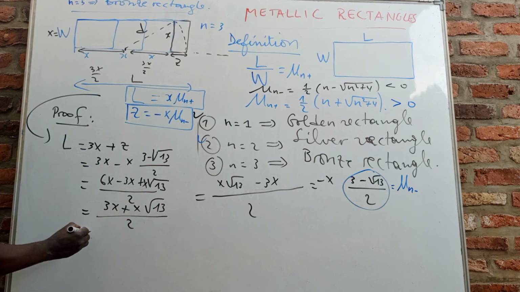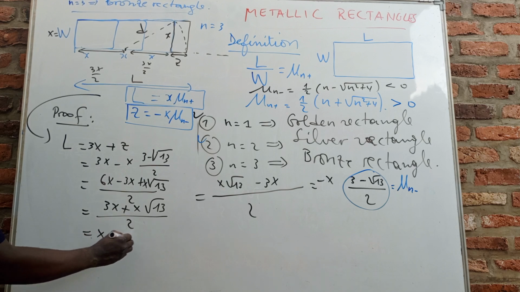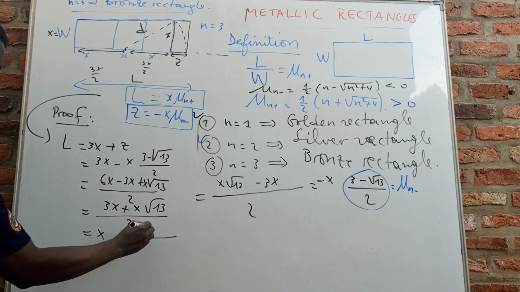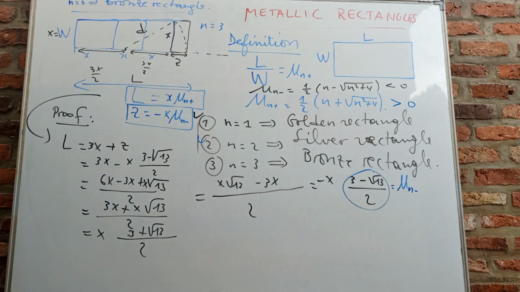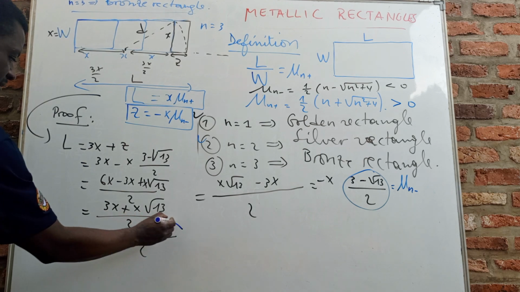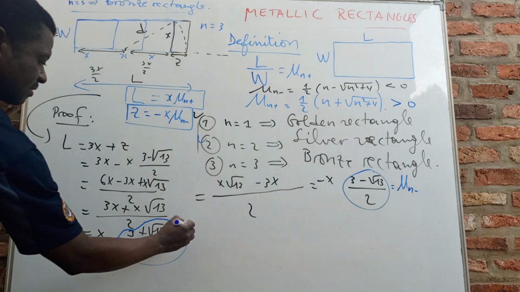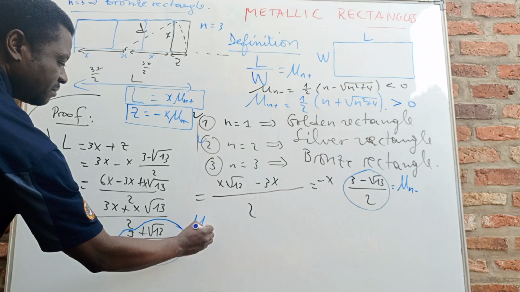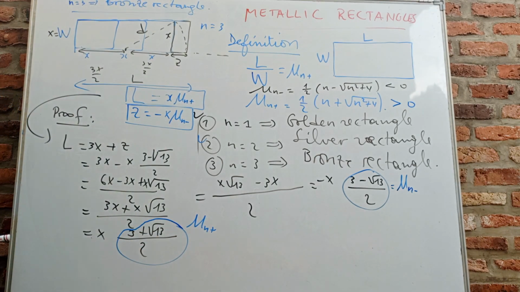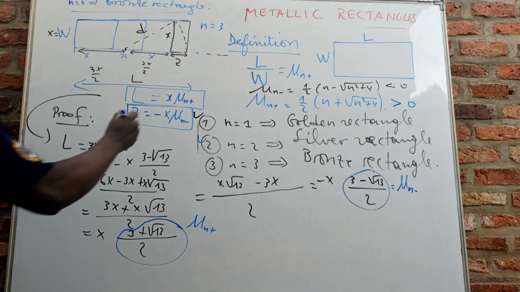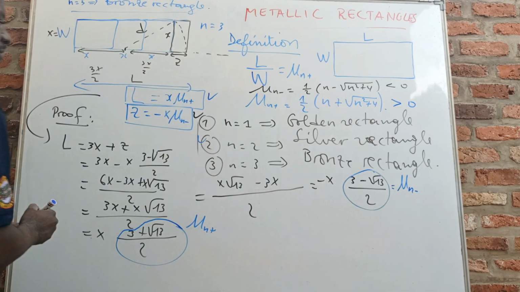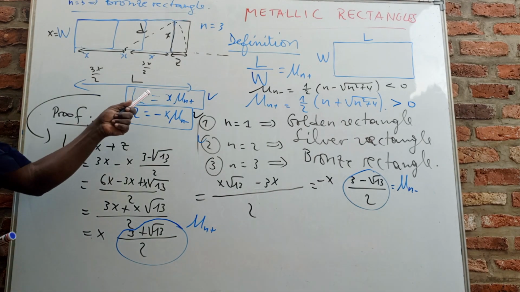Now I can factor x out and get 3 plus square root of 13 over 2. And what is this? This is exactly mu n positive, which is the bronze ratio with n equal to 3. And now we've come to the end of this proof.